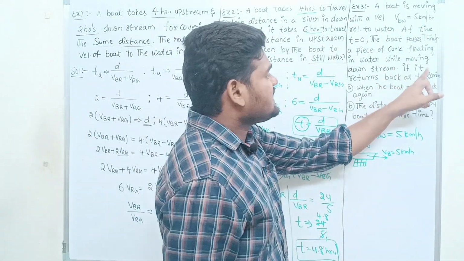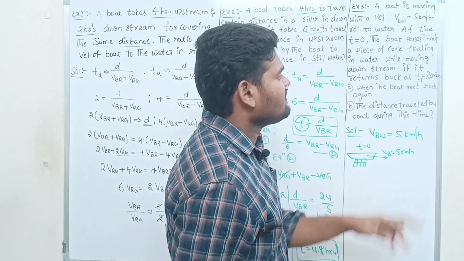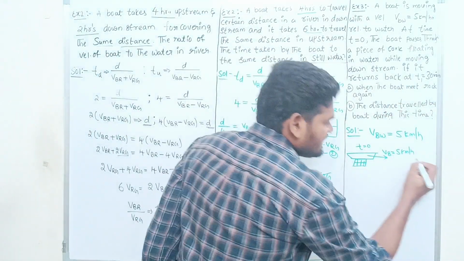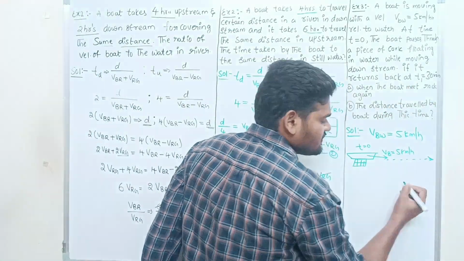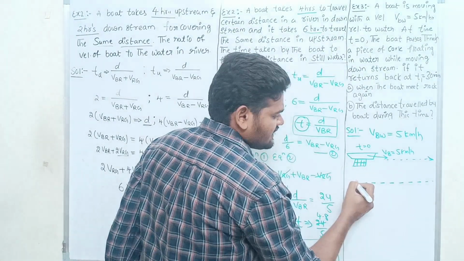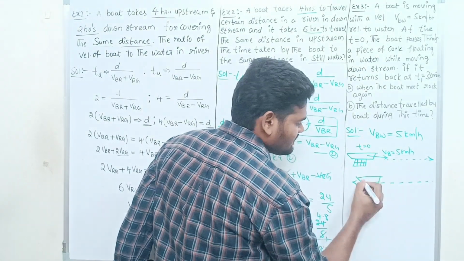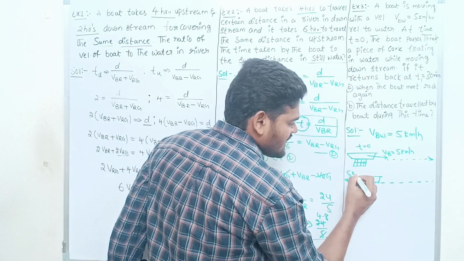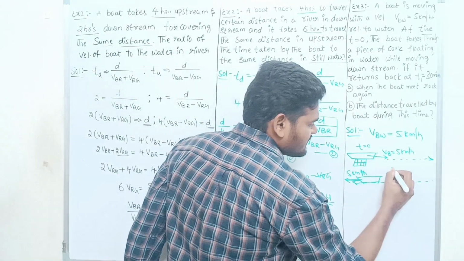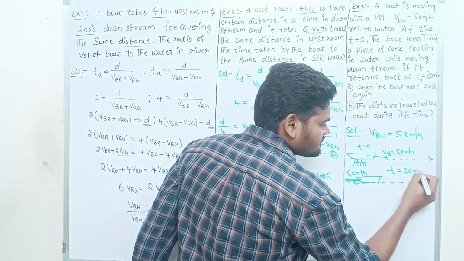If it returns back at t1 equals 30 minutes, again it returns back with the same speed after t equals 30 minutes.